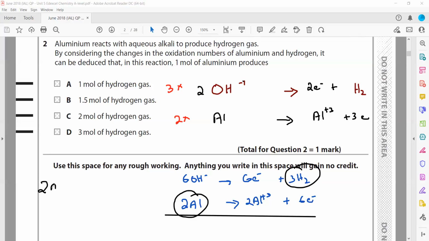So the ratio between aluminum and hydrogen gas is 2:3. But in the question they say 1 aluminum, so if 2 moles produce 3 moles, 1 mole will produce X, cross multiply. So how many moles of hydrogen will be there? That will be 1.5 moles. So B will be the right answer.